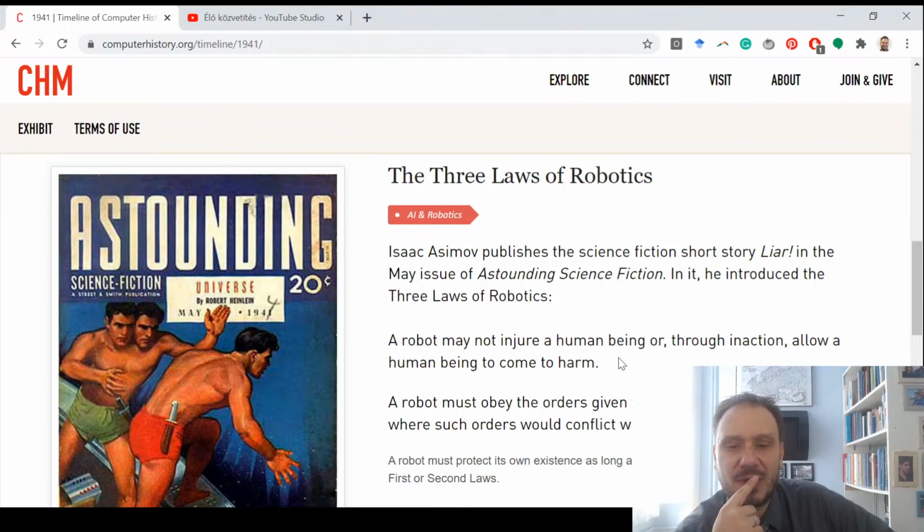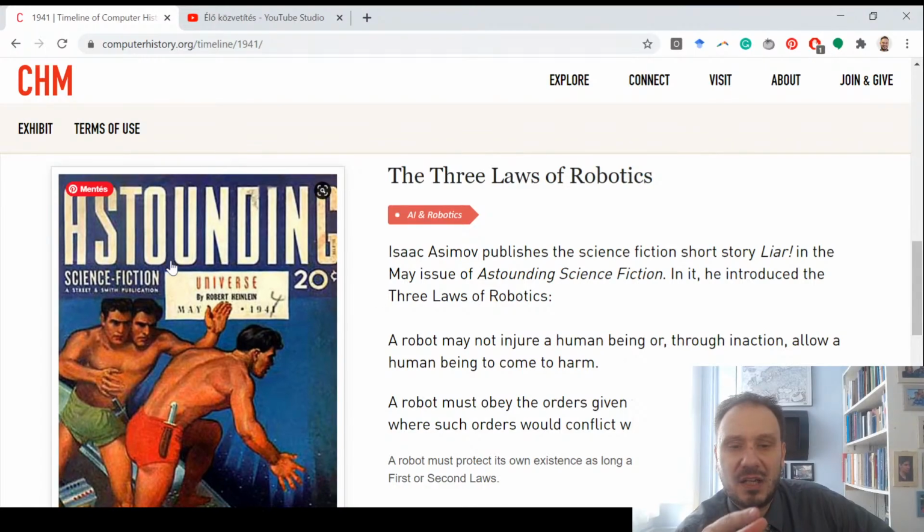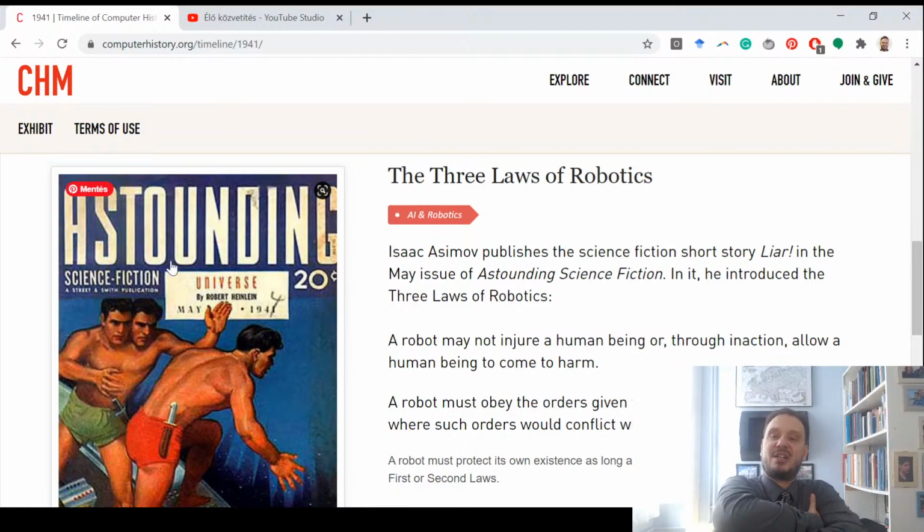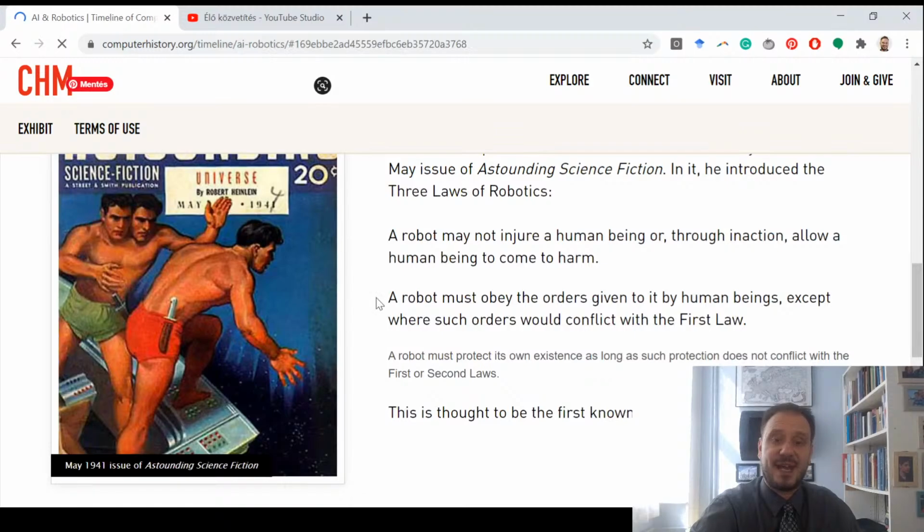These laws are as follows: a robot may not injure a human being or through inaction allow a human being to come to harm. A robot must obey the orders given by human beings except where such orders would conflict with the first law. And the third one is, a robot must protect its own existence as long as such protection does not conflict with the first or second law.